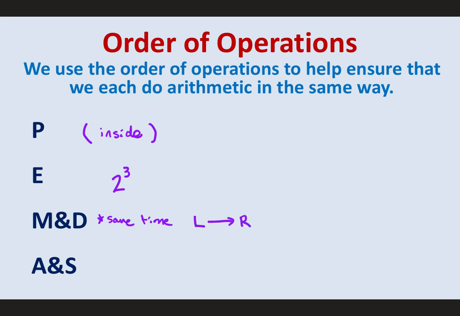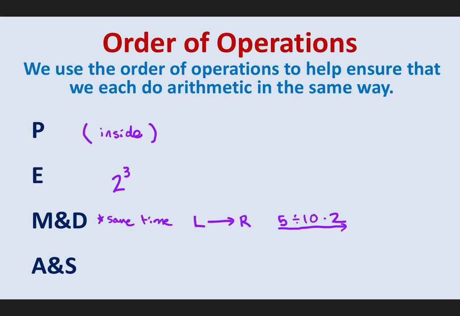So if you have something like 5 divided by 10 times 2, you're going to do the 5 divided by 10 first. You're going left to right. It doesn't matter that I say multiplication before division. It matters that you're going in this left to right order. So you do 5 divided by 10, and then whatever that answer is, you multiply it by 2.